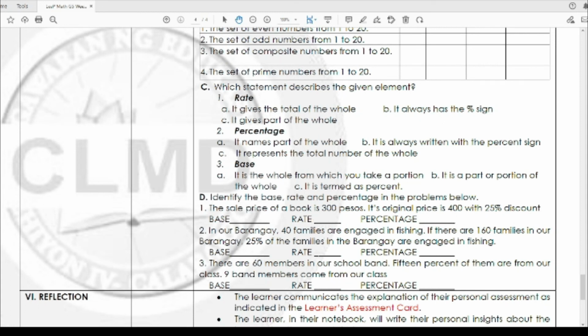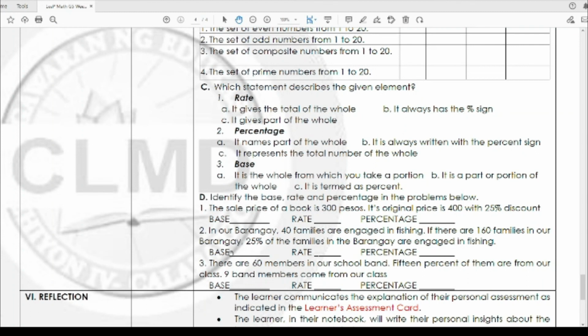Number 2, in our barangay, 40 families are engaged in fishing. If there are 160 families in our barangay, 25% of the families in the barangay are engaged in fishing.